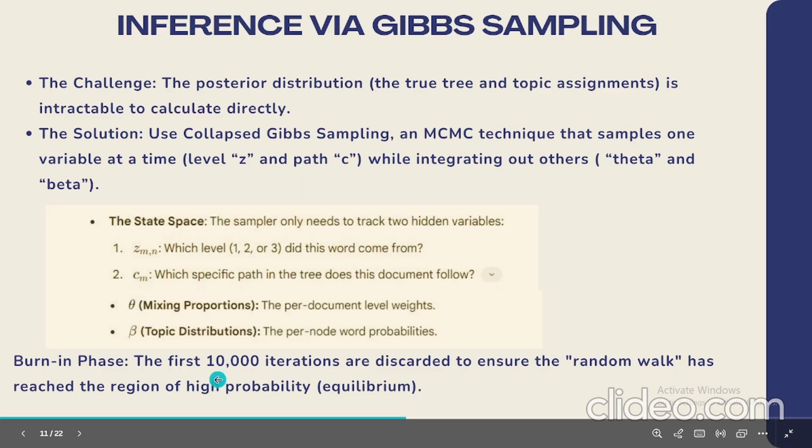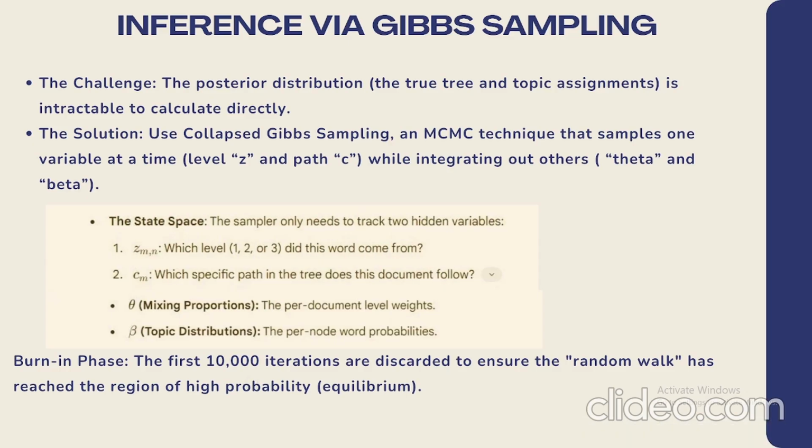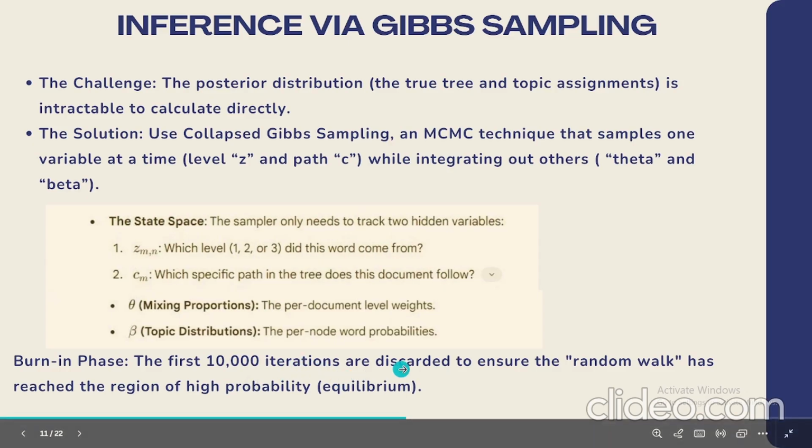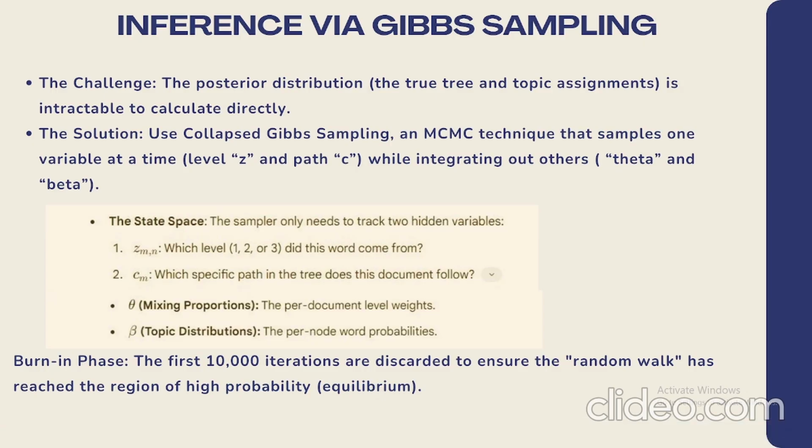In Gibbs sampling, we first perform 10,000 iterations. These iterations are discarded, just to ensure the random walk has reached the region of high probability. Once we have reached the region of high probability, the equilibrium, we start the actual inference.